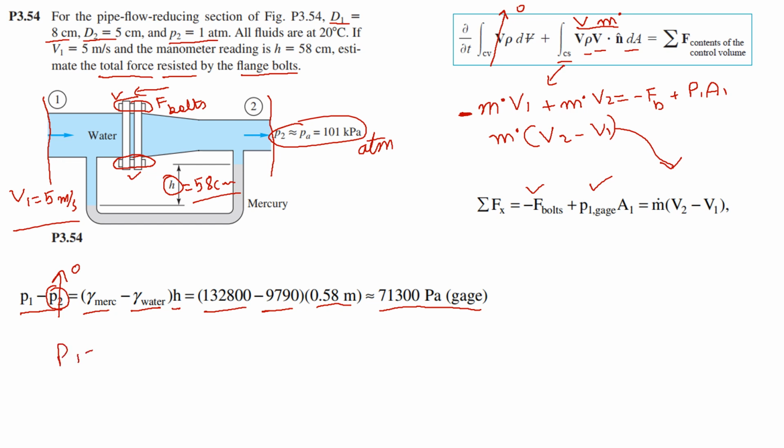So P1 will come out to be 71,300 pascals of gauge pressure.